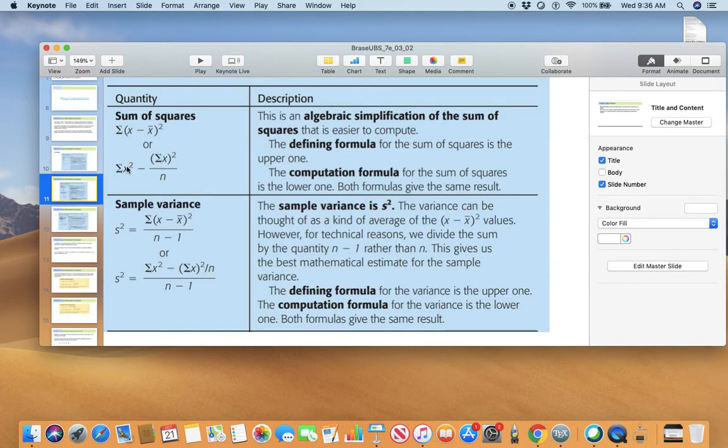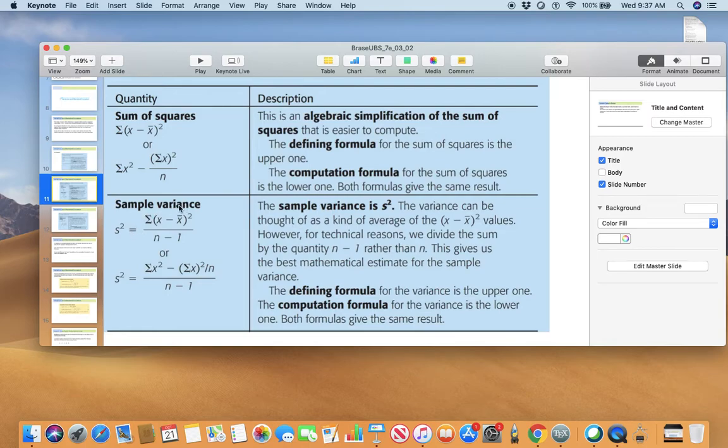Here you first square each x and then add them up, whereas there you first add all the x's and then square. This sum of squares is equal to this. It takes some checking, but we won't worry about it. Just assume they are equal.